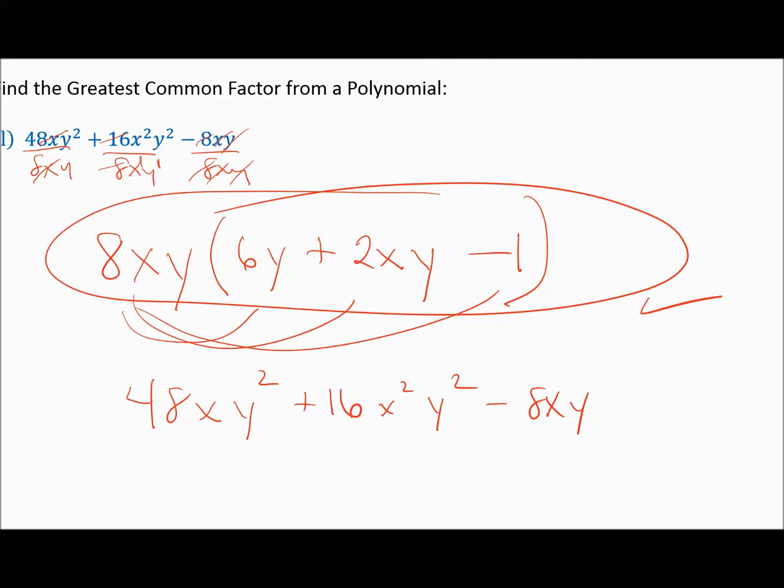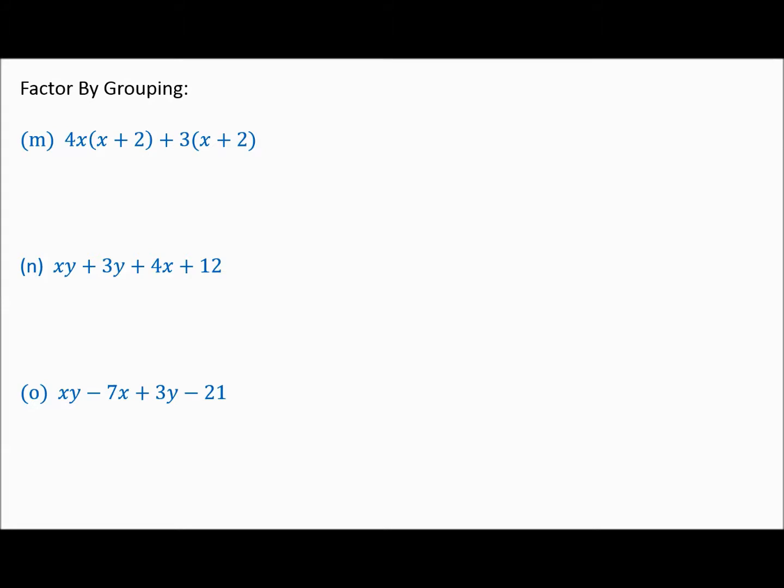Greatest common factor. Now we want to start something a little new, but not really. This is called factor by grouping. And example M is really not even factor by grouping. It's like the second step of factor by grouping, but it's factoring a greatest common factor. I want you to take a look at these two terms. This is multiplication, so think about that as one term. This is also multiplication, so think about that as one term.